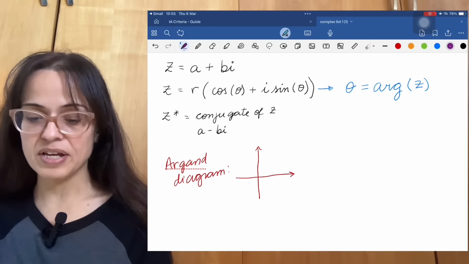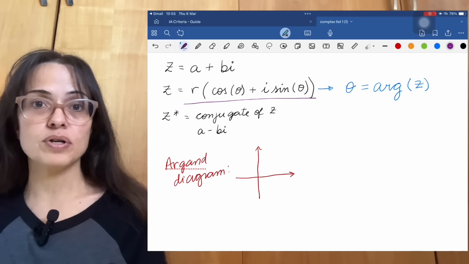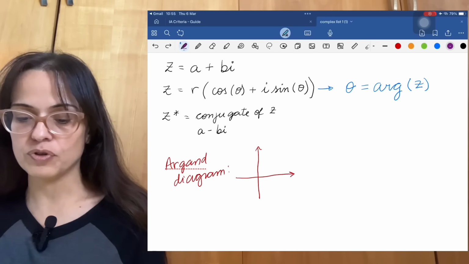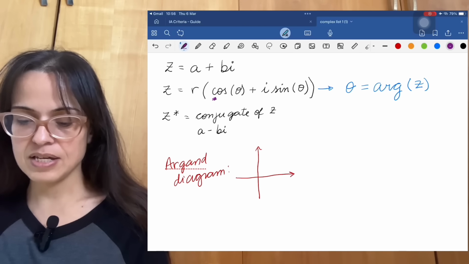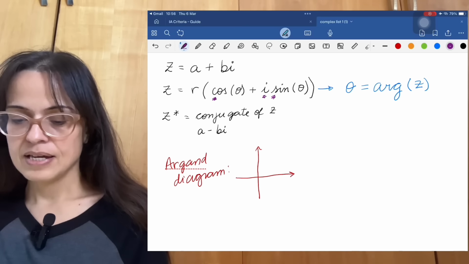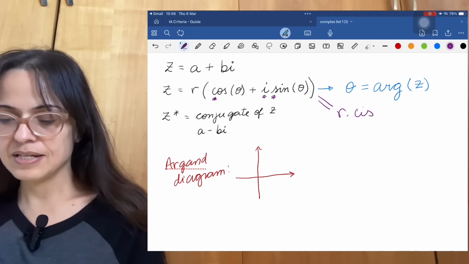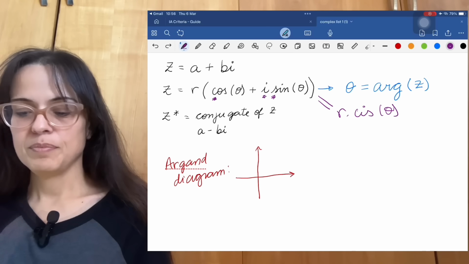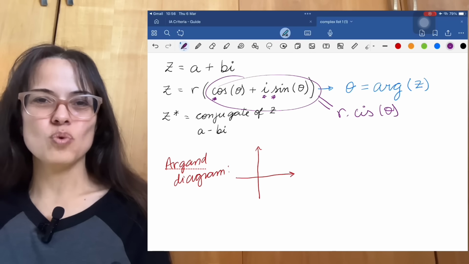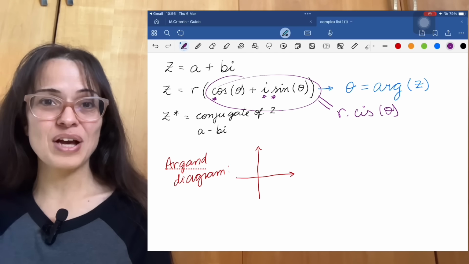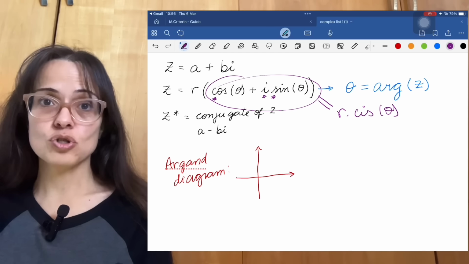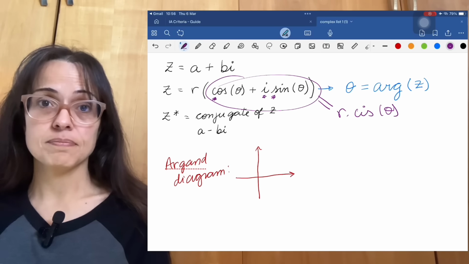Look, it's just shorthand because this thing looks very long and it's boring to write down over and over again. So we're just going to go cis. And this thing can be written as R times cis of theta. Because really, the whole thing is only giving us one little piece of information, which is the value of the angle theta. So there's no need to write it down like that.